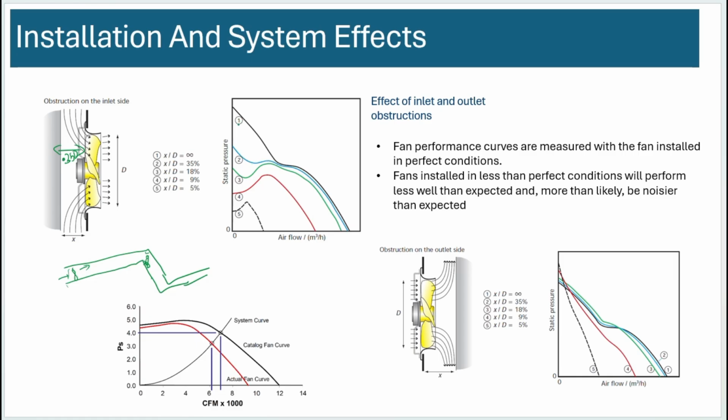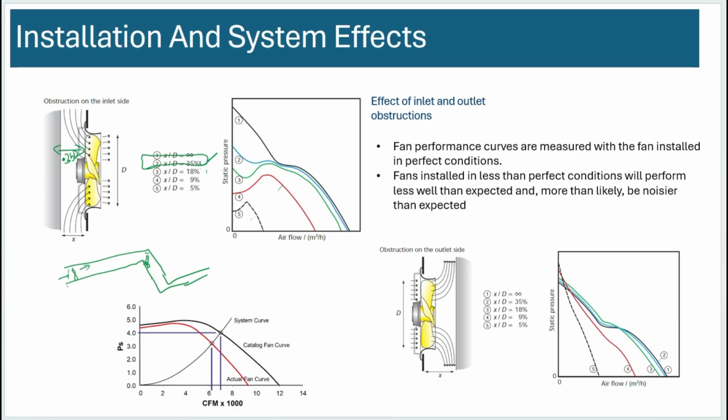Number two and number one are kind of close to each other, so this is acceptable, but any closer than 0.35 of the fan's diameter makes it really bad to operate, because the fan curve shrinks a lot. So up to 35% of the diameter of the blade, you can have a wall.